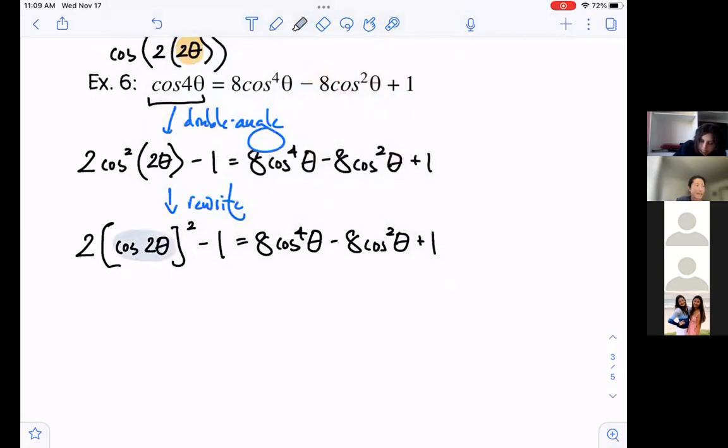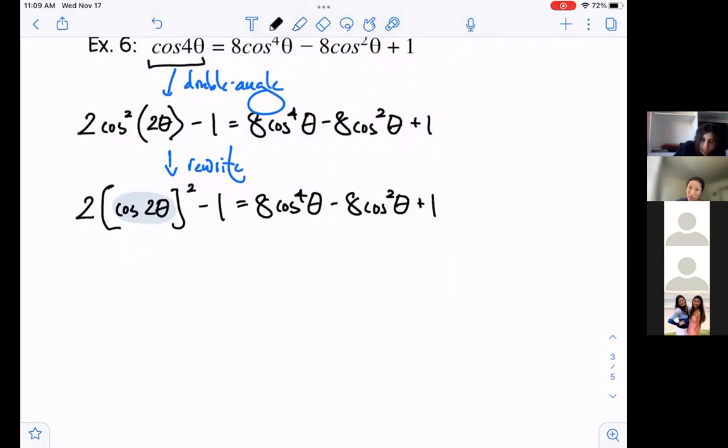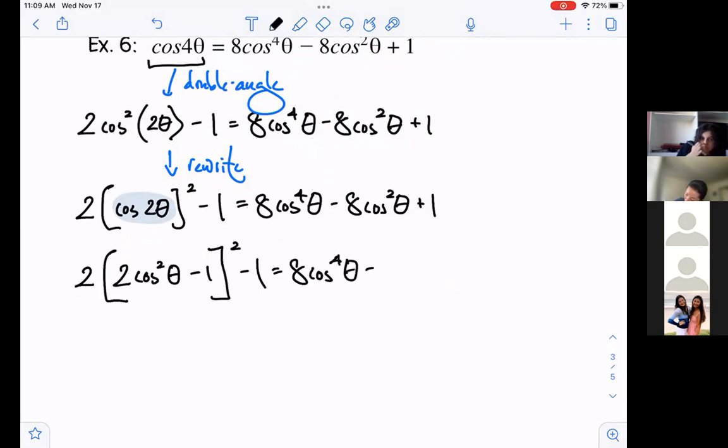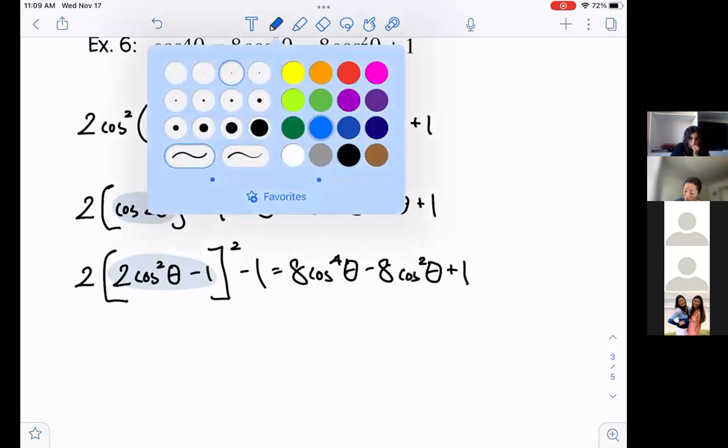I bet I can make another substitution for cosine 2 theta. In fact, we used our cosine double angle twice.